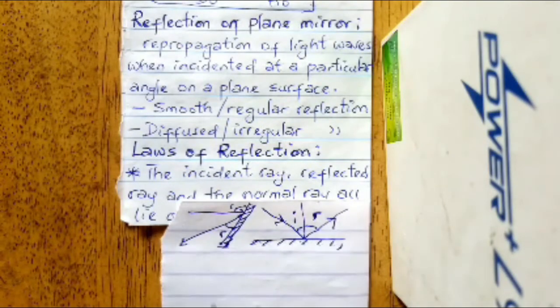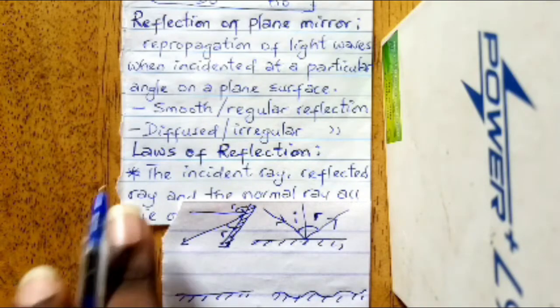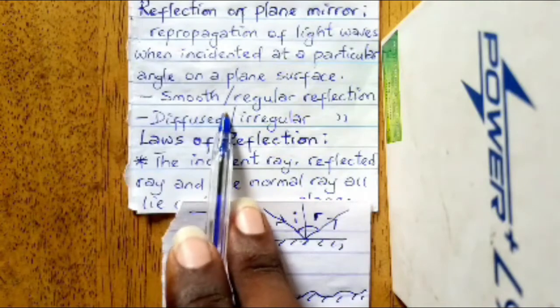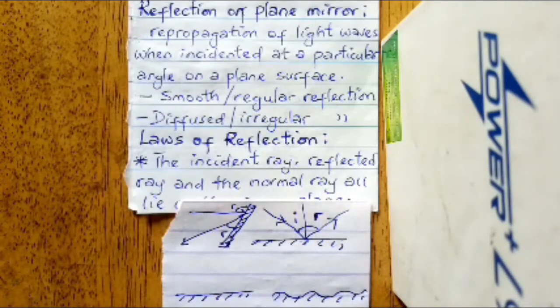Now you can have a smooth surface. You can have a rough surface also. And for a smooth or regular surface, you have the smooth or regular reflection due to a smooth or regular surface.